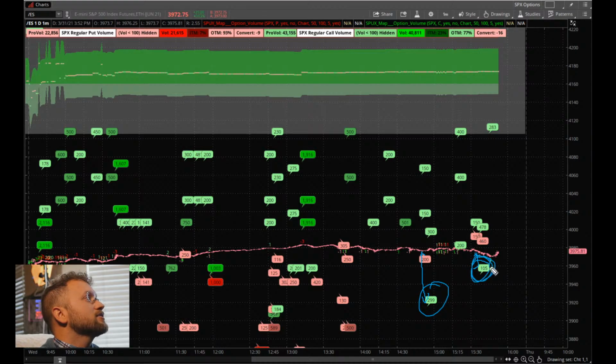I'm more concerned about this one because it's at a better price. They probably got their hedge lower than this one. But they're getting up to about the same. This is at what, 400? 400 contract hedge. This one right here is 550. Oh, that's not super different in terms of hedging.